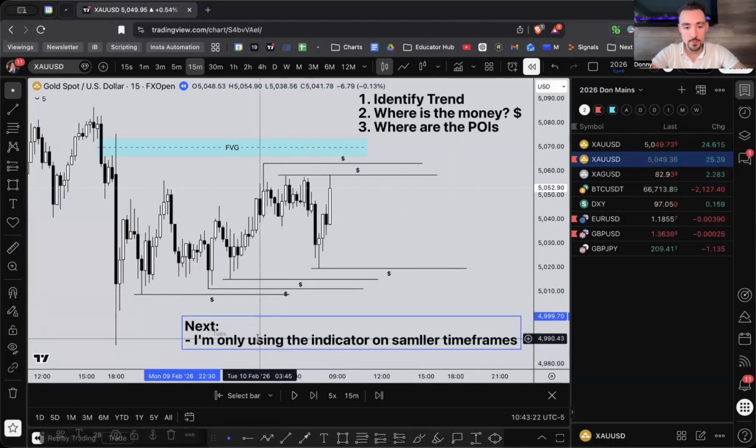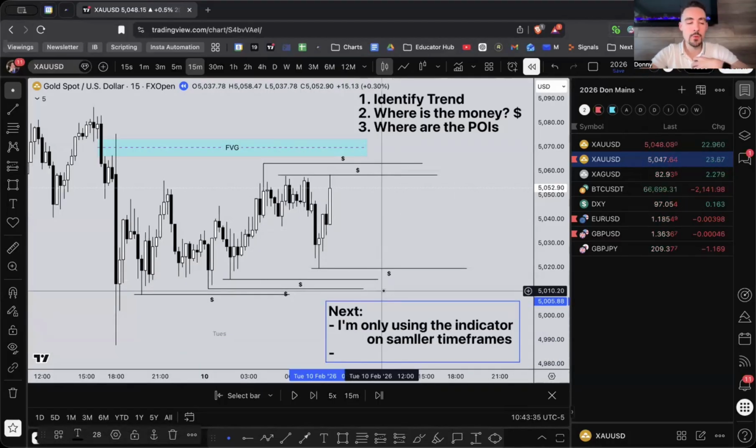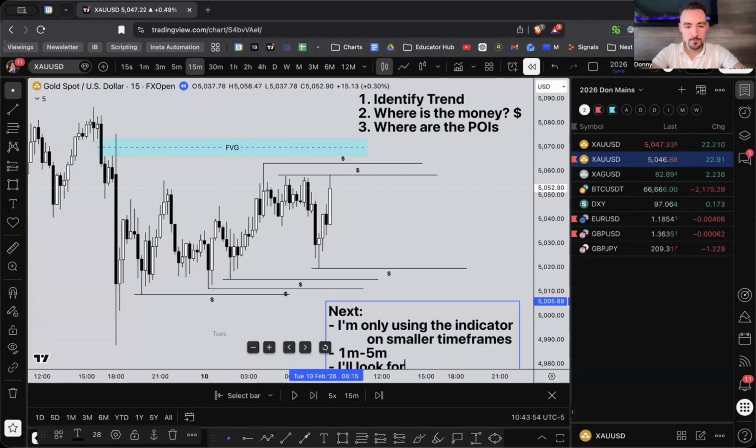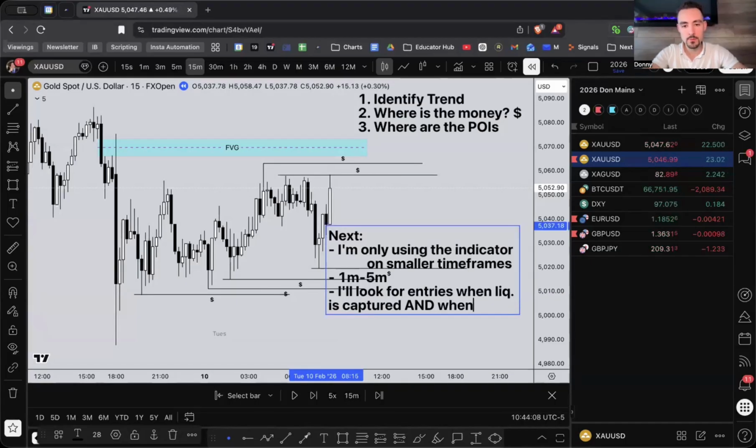You can use it on higher time frames. There's nothing wrong with that. But for me personally, and the way that the indicator is meant to be used is from smaller time frames. So that's like the 1 minute, 3 minute, 5 minute, 1 minute to 5 minute time frames. I'll look for entries when liquidity is captured and when trading inside a higher time frame POI.